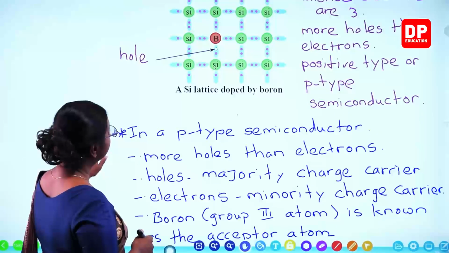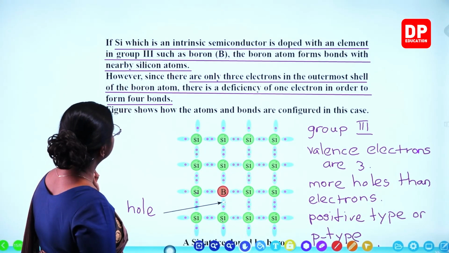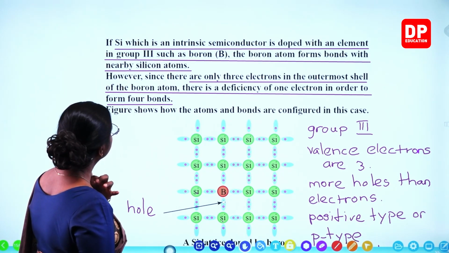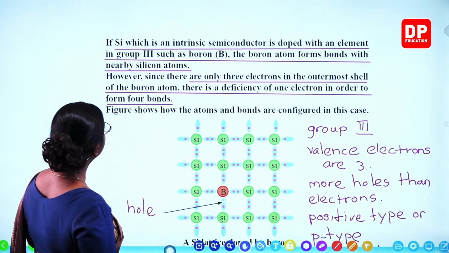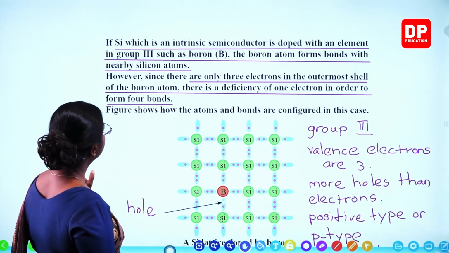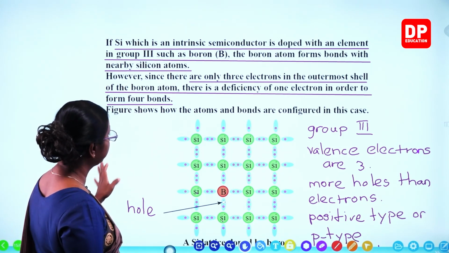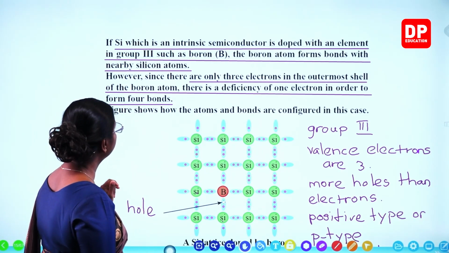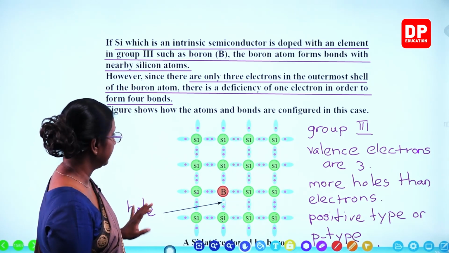So if I go back to the slide, you can see here, if silicon, which is an intrinsic semiconductor, is doped with an element in group 3, such as boron, the boron atom forms bonds with nearby silicon atoms. However, since there are only 3 electrons in the outermost shell of the boron atom, there is a deficiency of 1 electron in order to form 4 bonds. The figure shows how the atoms and bonds are configured in this case.